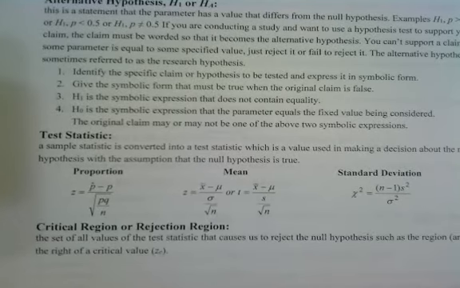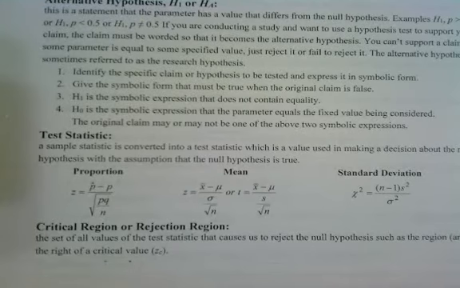A critical region, or rejection region, is the set of all values of the test statistic that causes us to reject the null hypothesis, such as the region or area to the right of a critical value. So these are finding critical values. And again, think in terms of our normal distribution.